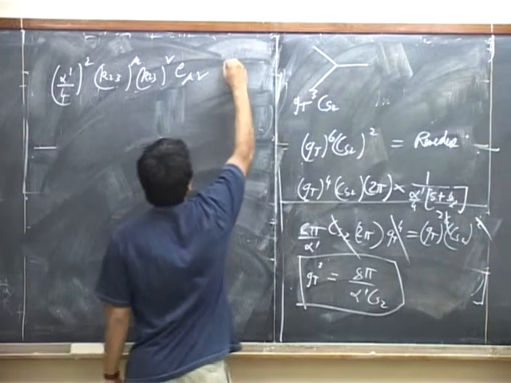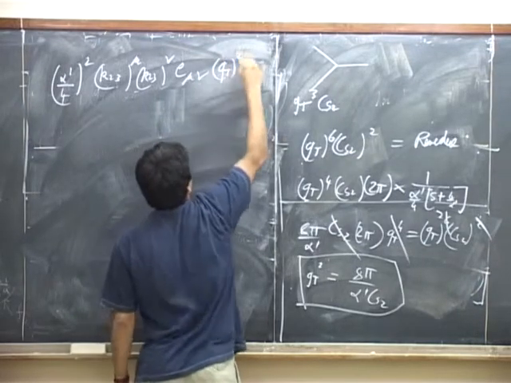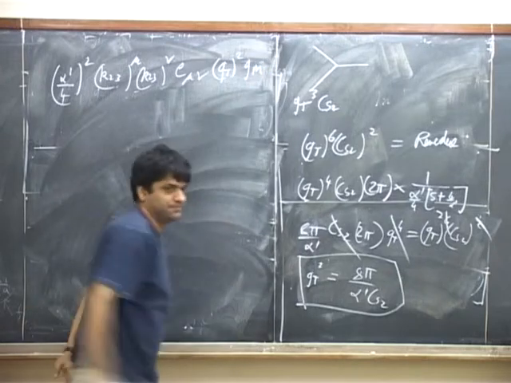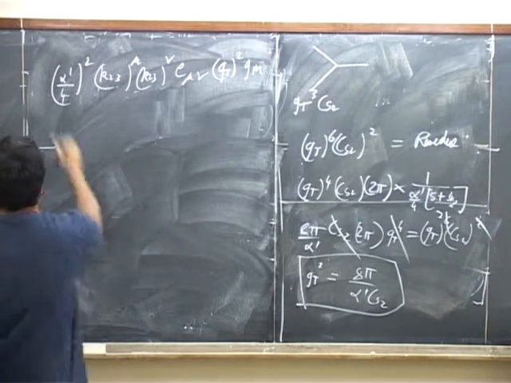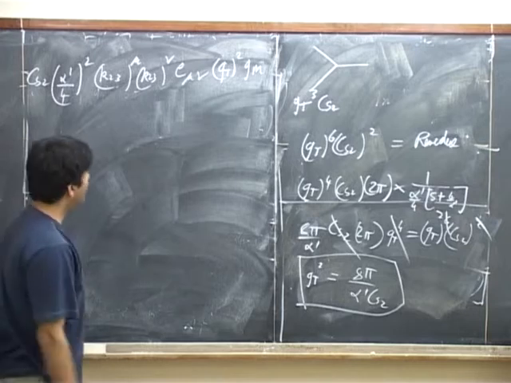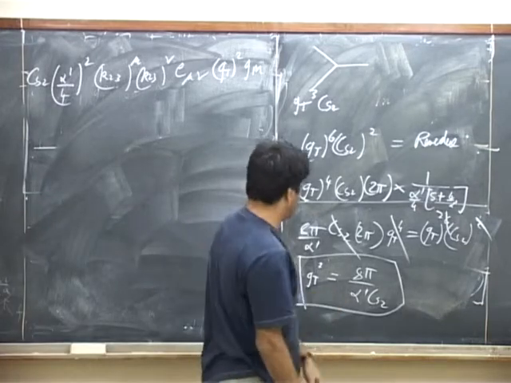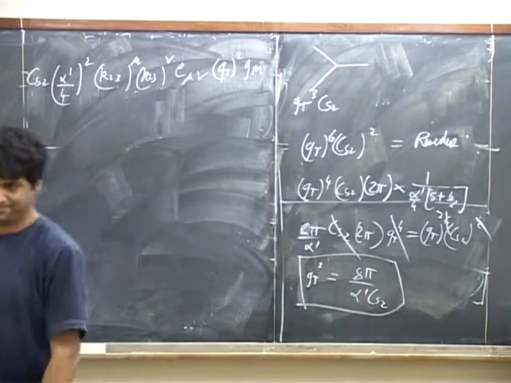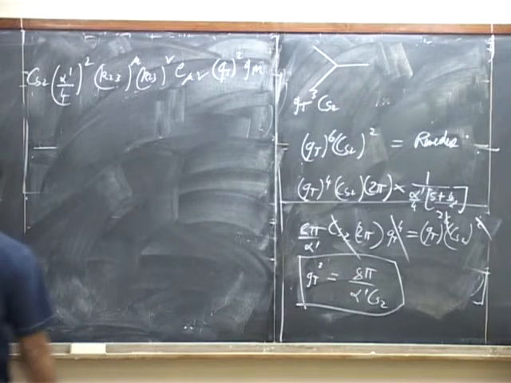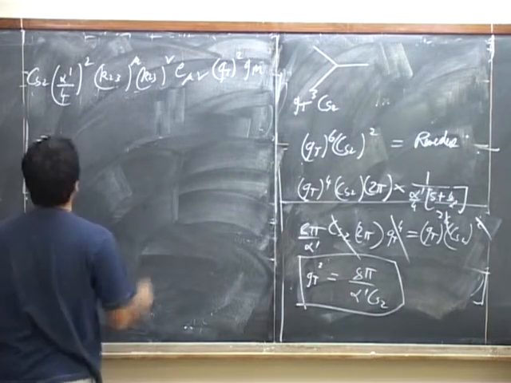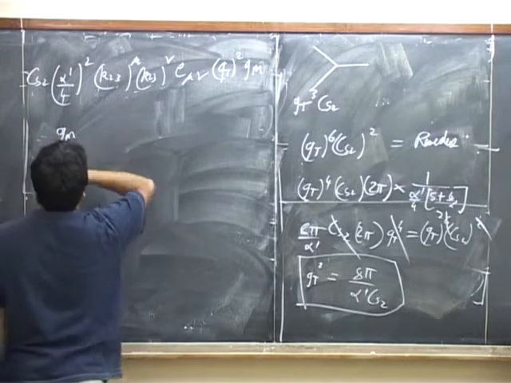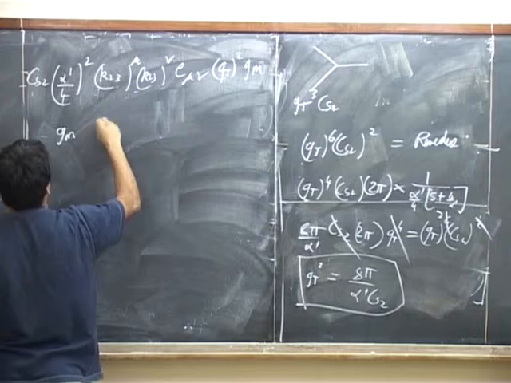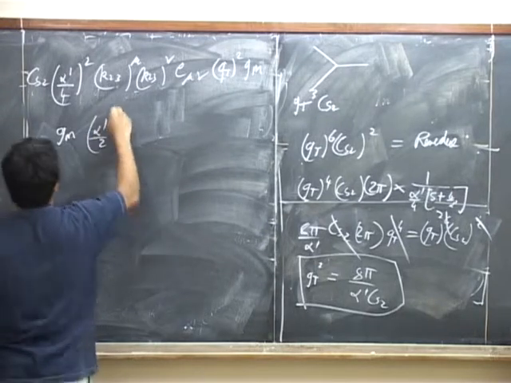Okay. Now this was dressed with a GT squared and then a G mass. Okay? It was also dressed with the CS. But now GT squared times CS2 we know. It's 8 pi by alpha prime. So this thing is the same thing as GM times alpha prime by 2.